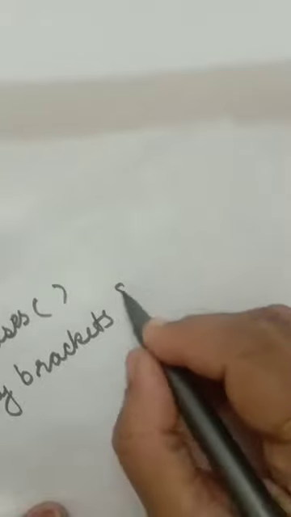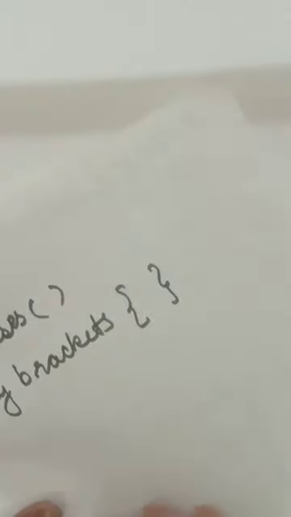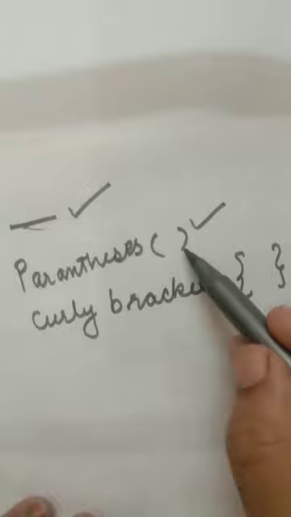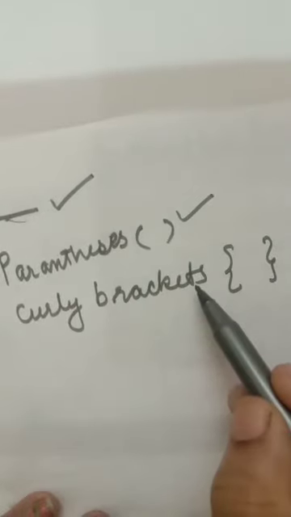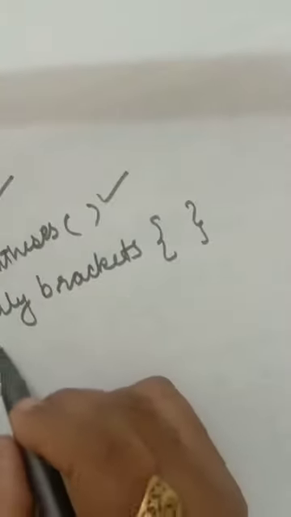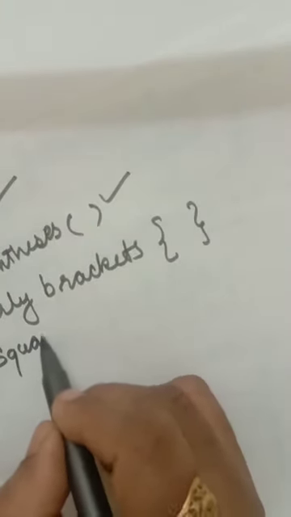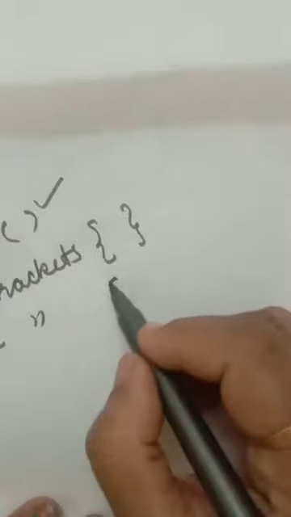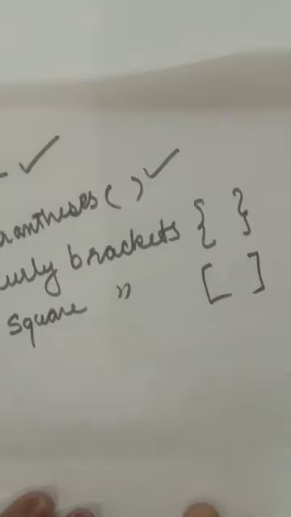First one is bar, second one is parenthesis, meaning the small one, third one is curly bracket, and the fourth one you know very well, square brackets.